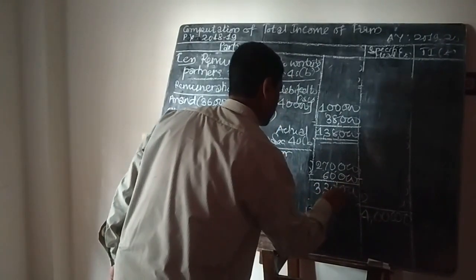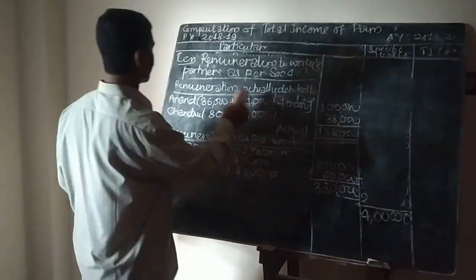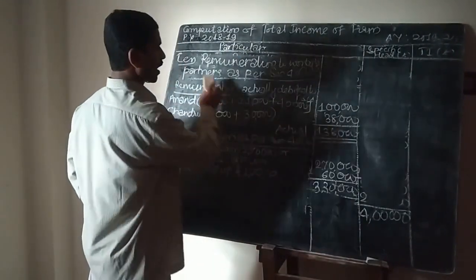So the total will be 3,30,000. Dear students, we should compare this 3,30,000 with the actual.